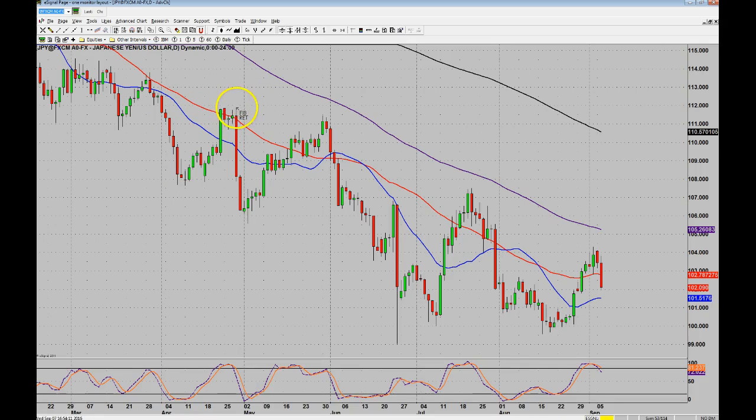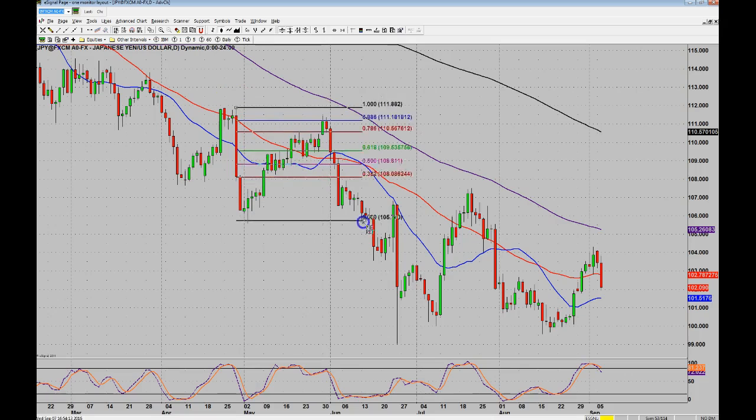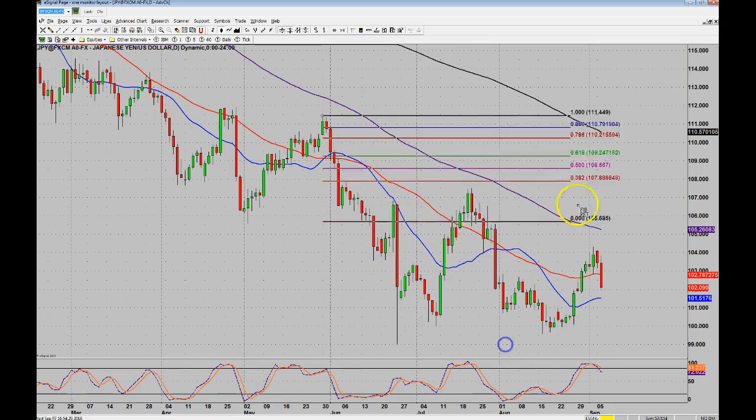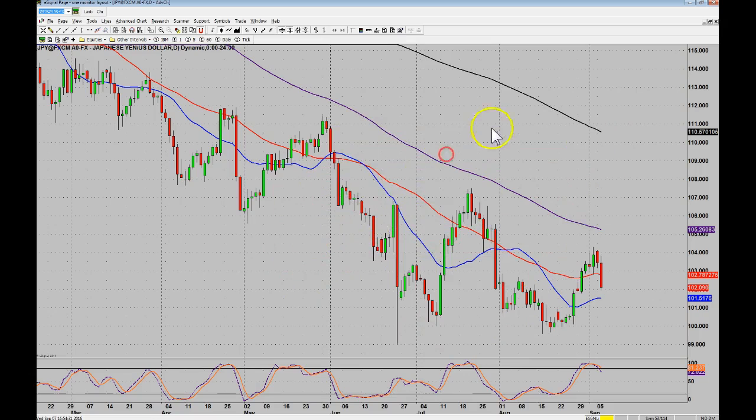Swing high, swing low. There's one. Now it came up into the 786 and the 886 fib. And down it went. That one worked. This may not be. Okay, that's not so.